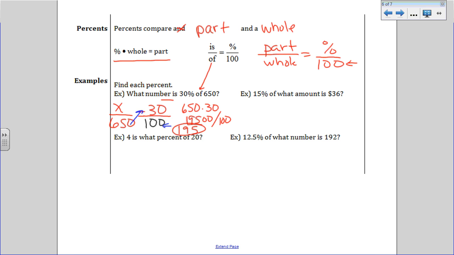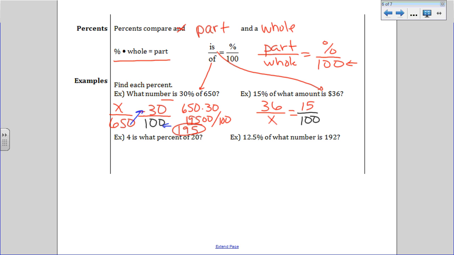If we take a look at example 2, it says 15% of what amount is $36. So 15 is going to go over the 100. Our percent always goes over 100. Of what amount? I don't know what my whole is, so that's where my X goes. And if you notice, here's the word is. So is $36 goes in the numerator.